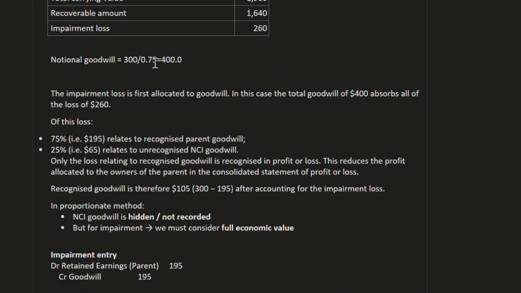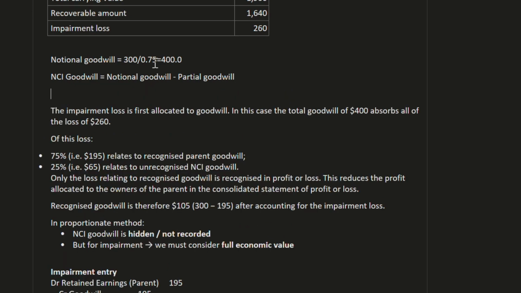Simple: if you want to calculate the NCI goodwill, NCI goodwill equals notional goodwill minus partial goodwill.